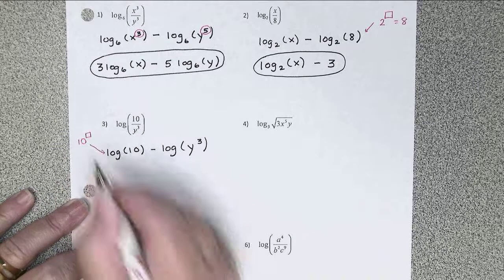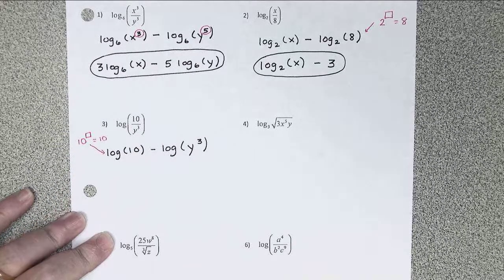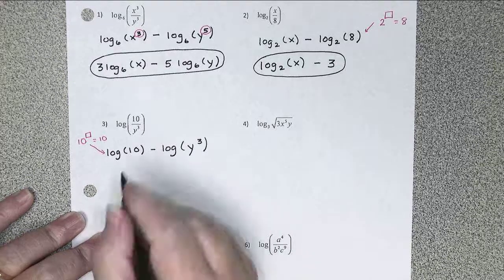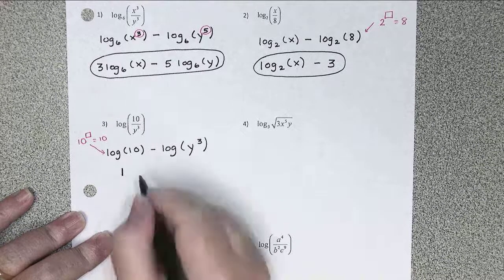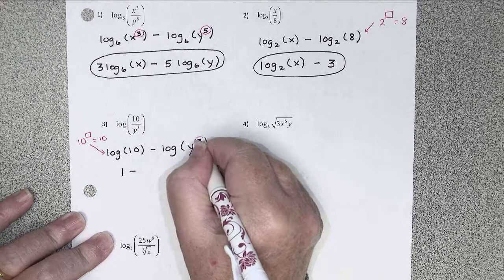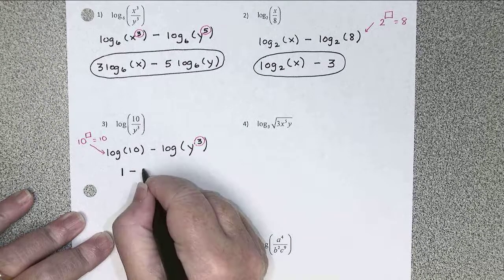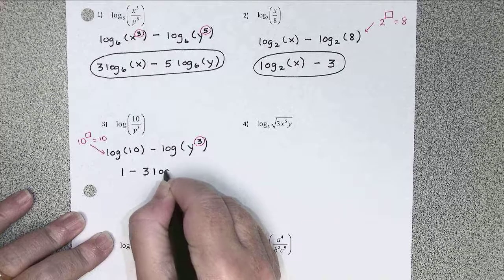So it's saying 10 to what power equals 10? That would just be a first power, right? Minus, I'm seeing a power property here. I can take that 3 and bring it down as a multiplier on the log base y, or log of y.